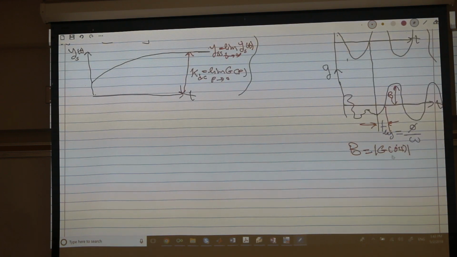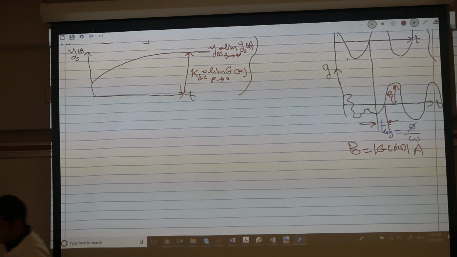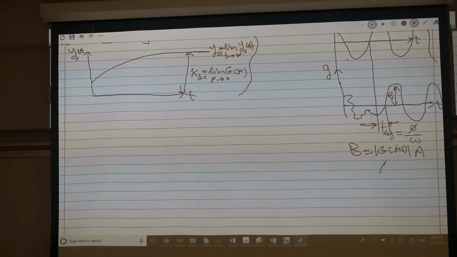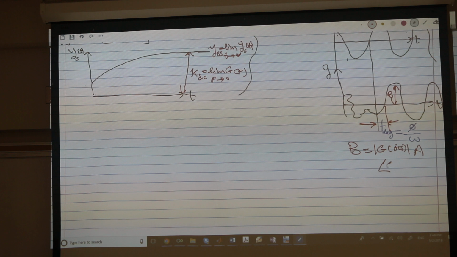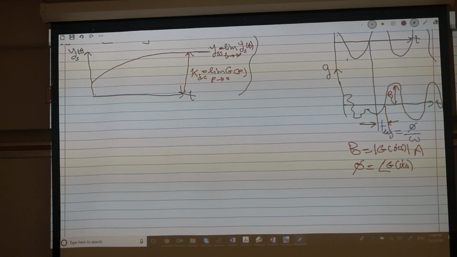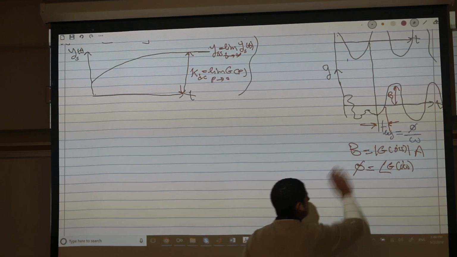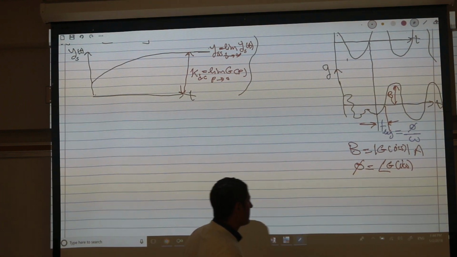So for a given frequency, for a given omega, it's a complex number, the magnitude of which is the gain of the transfer function. The magnitude of which is the number that multiplies the amplitude of the input to get the amplitude of the output. And the phase of which, the angle of which, is your phase. Okay?